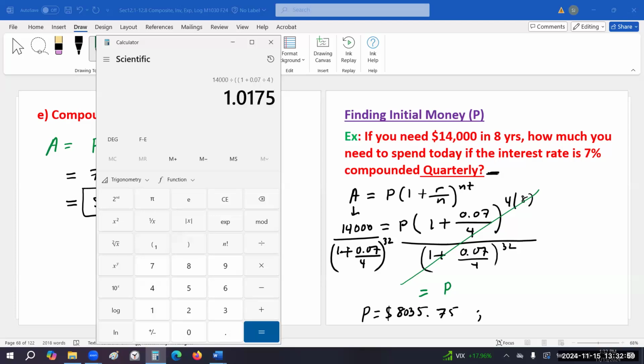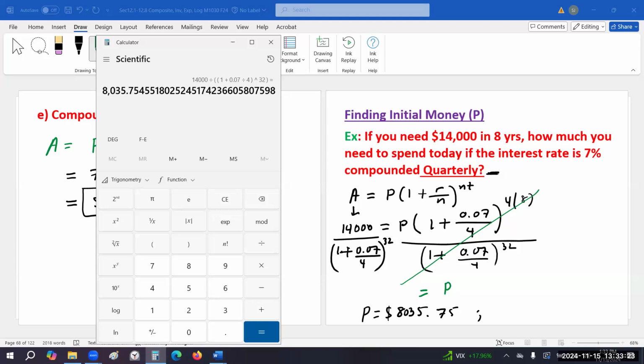That's the first parenthesis. It has the power 32. That's my second parenthesis. Enter. 8035.75. Yep.